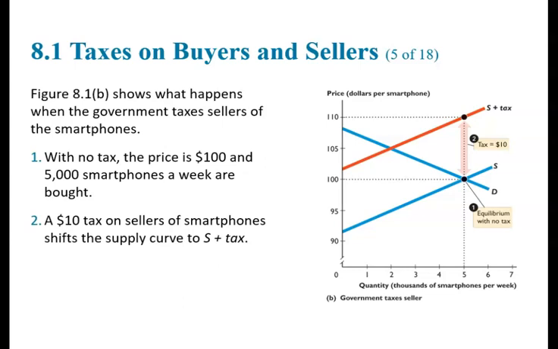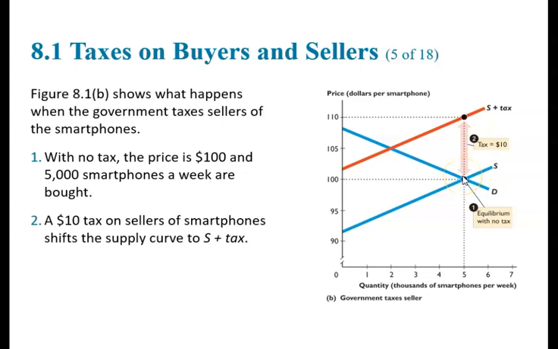Without any tax, this point shows the equilibrium: the equilibrium price would be $100 for the smartphone, and the equilibrium quantity would be 5,000 smartphones per week.